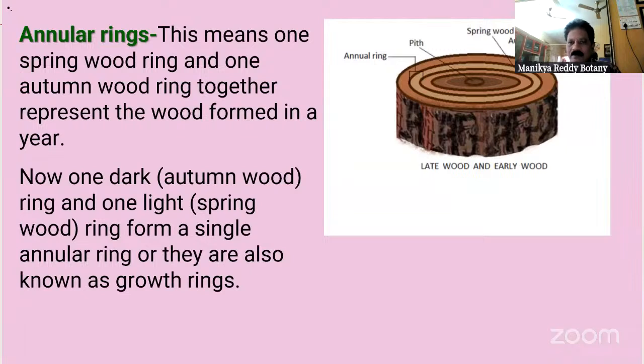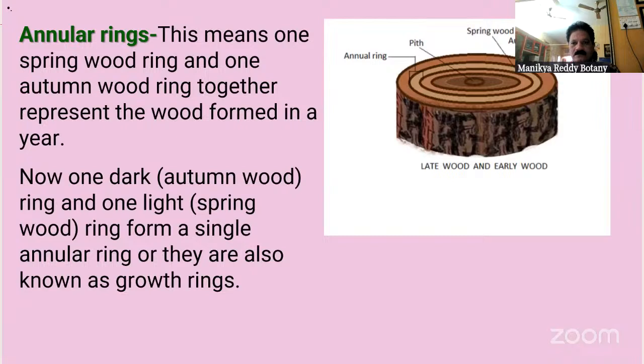Plants do not require more supply of water and food materials. That's why less secondary xylem and secondary phloem are formed, with narrow lumen of the xylem vessels. That wood, which is formed at the later stages, is called autumn wood.